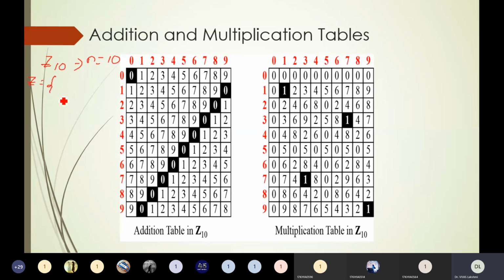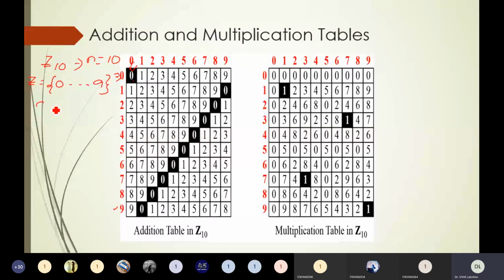That is 0 to n minus 1. That's why the table starts from 0 and ends with 9. While calculating the addition table, first we need to add the element in this row and the element in this column. So here 0 is added to 0.